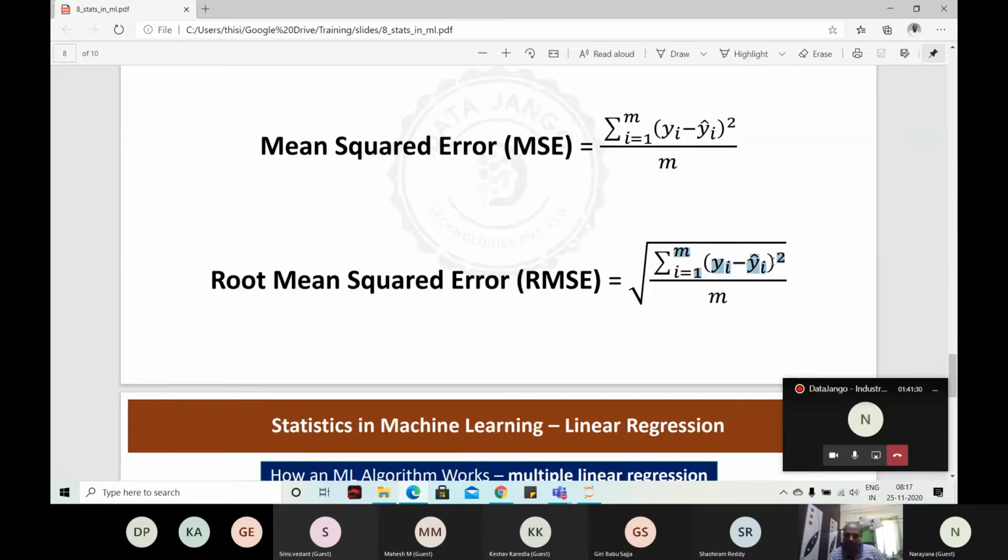We are taking the squared errors, taking the mean, and applying the square root. That means it is the average of the error, the average of the deviation. What is deviation? From actual value to predicted value. How much distance is there between the actual value and the predicted value? It is the square root of the average deviation.